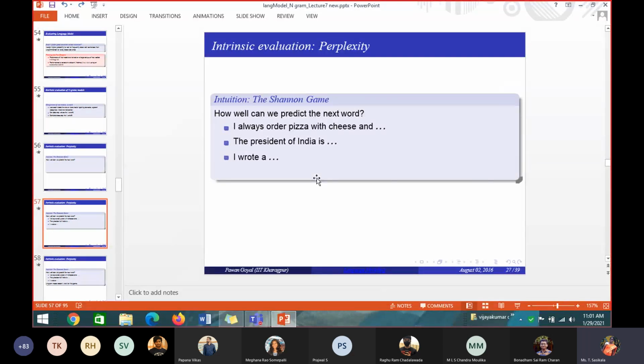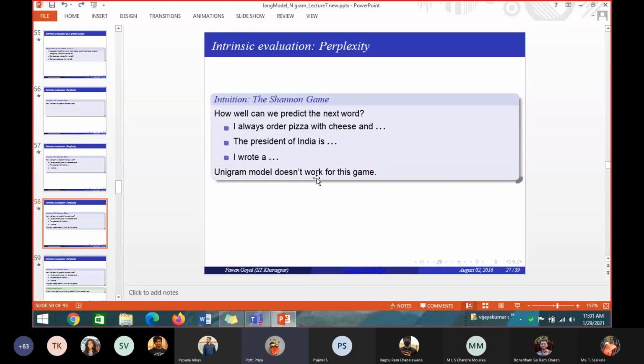Okay, so they are telling us the unigram model does not work for this Shannon game. Can anyone tell me why a unigram model will not work for the Shannon game method of predicting the next word? The model doesn't take into consideration the previous words at all. Very good.